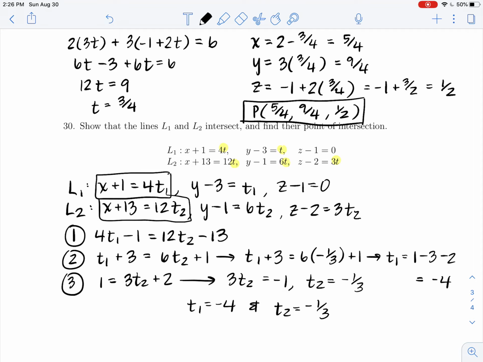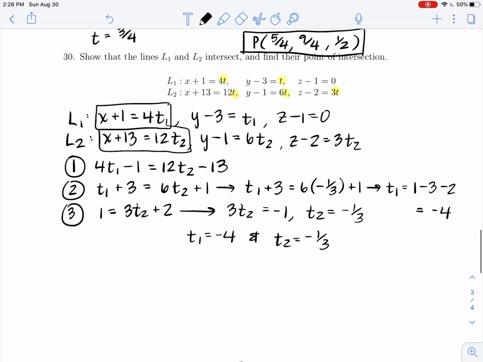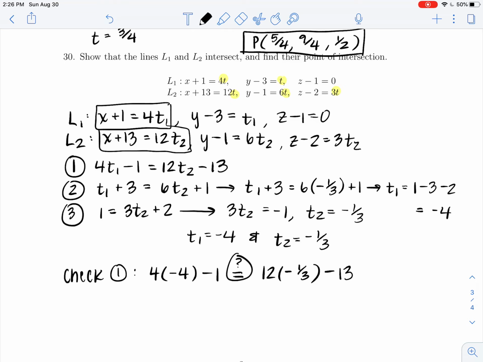We need x, y, and z all to be the same point at the same time at T1 and T2. So let's check equation 1, plugging in T1 and T2. So we have 4 times negative 4 minus 1, and the question is, does this equal 12 times negative 1/3 minus 13?